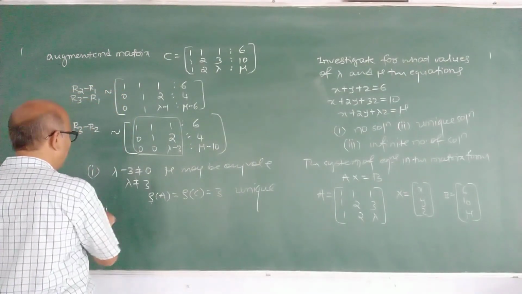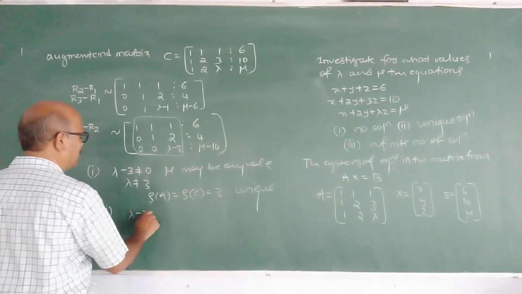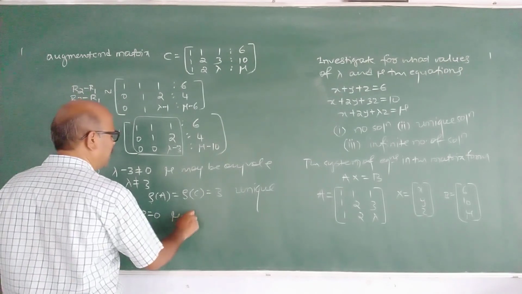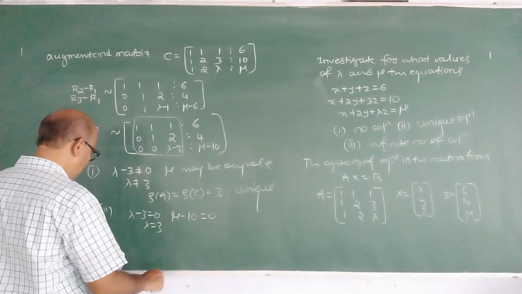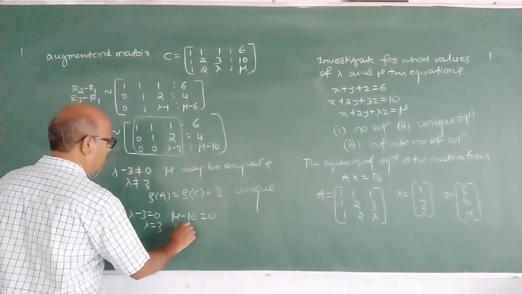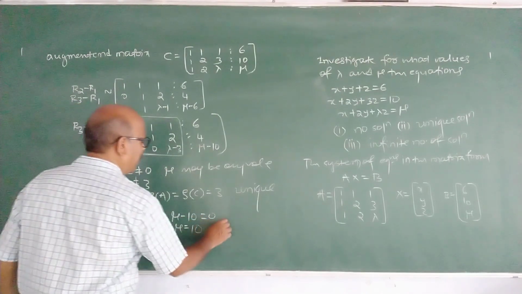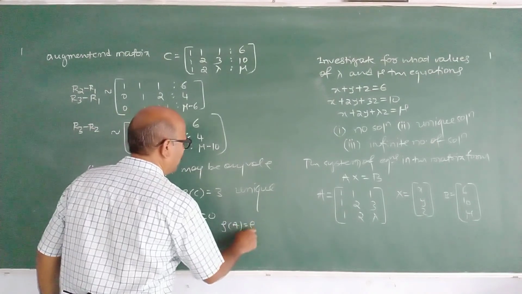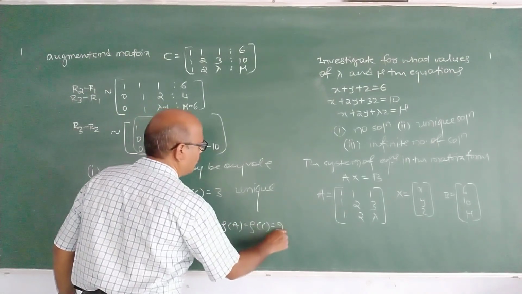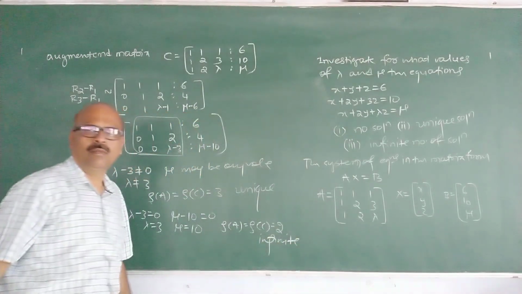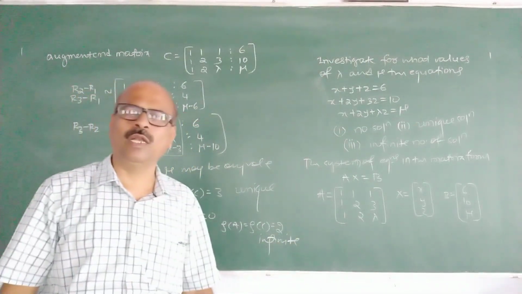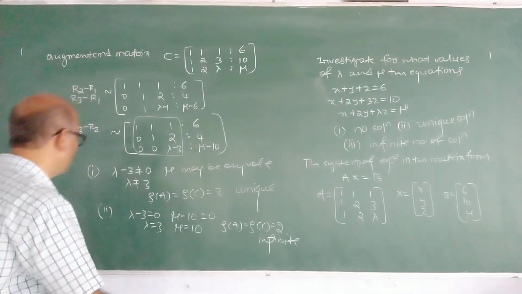Secondly, lambda minus 3 is 0, mu minus 10 is also 0. Lambda is 3, mu is 10, rank of A becomes rank of C, each is 2. Therefore, infinite solutions, because the rank becomes less than the number of unknowns.